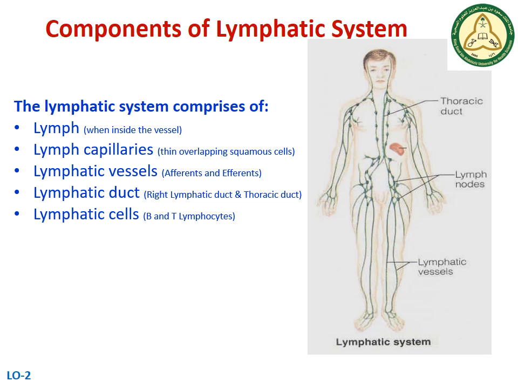Then comes the lymphatic cells, like B cells and T cells. So lymph is the fluid. While that fluid is running among the lymph nodes, the stations contain the lymphatic cells. Those are called lymphocytes, B lymphocytes and T lymphocytes.